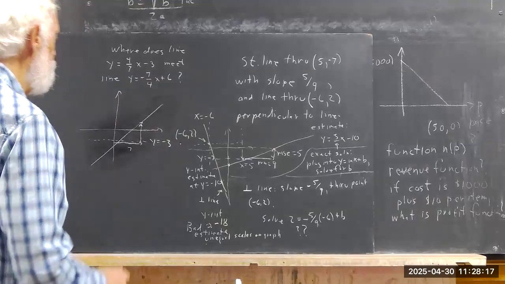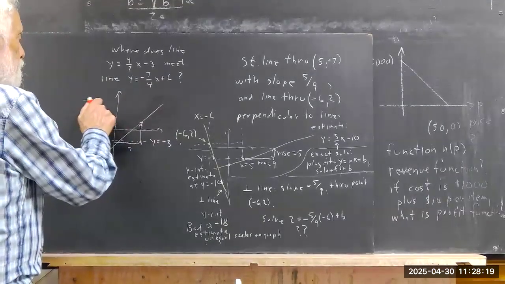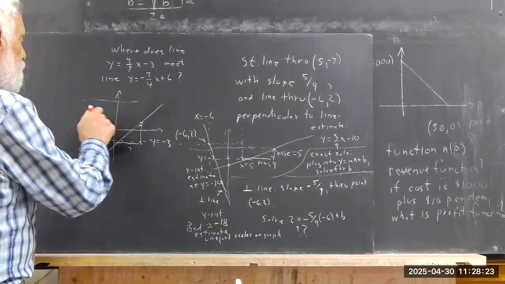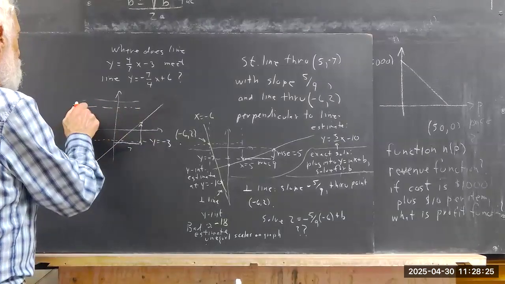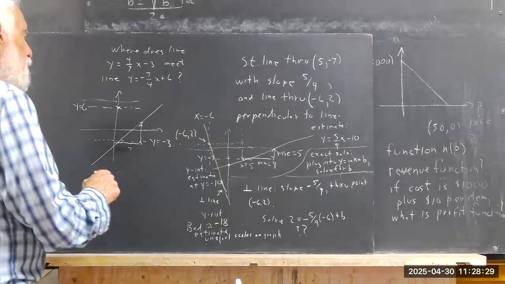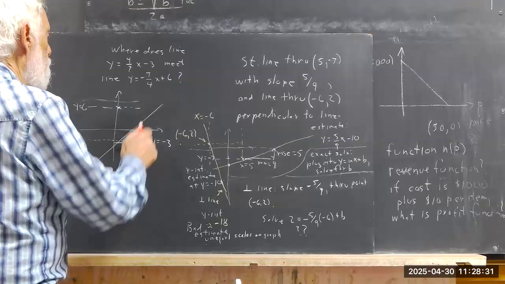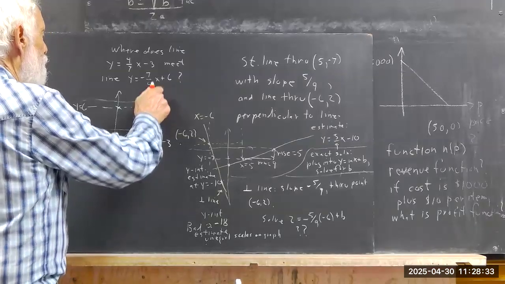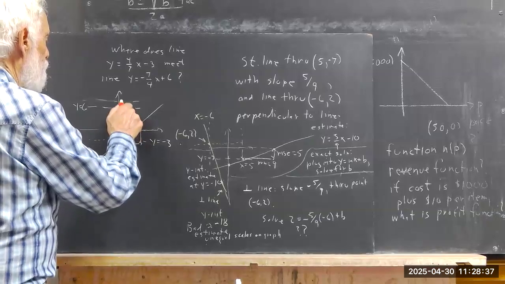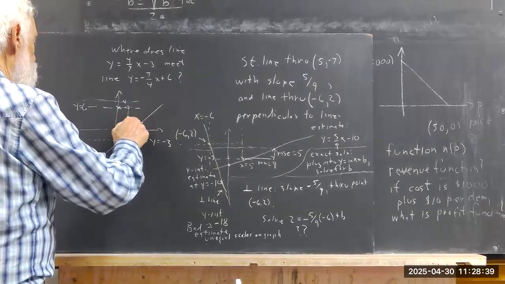For this equation, the y-intercept is at 6. That's 2, 3's there, 6 is about. There's the y-intercept. And then I move over 4 and down 7. So let's say that's over 4, and down 7.